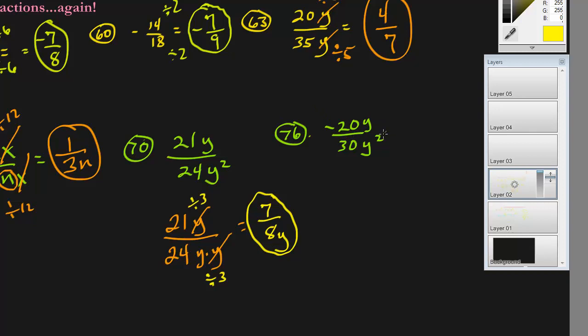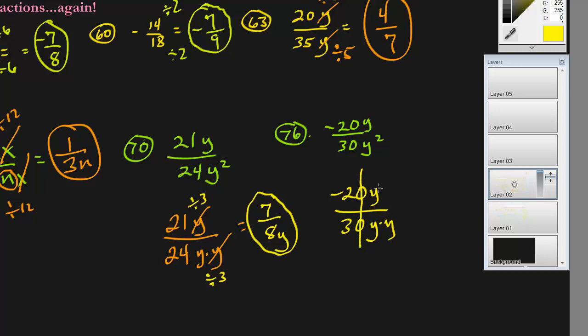All right. If you want a super awesome pro tip, let's look at it this way. Let's look at 20y over 30yy, and that's y times y. These zeros right here can cancel.